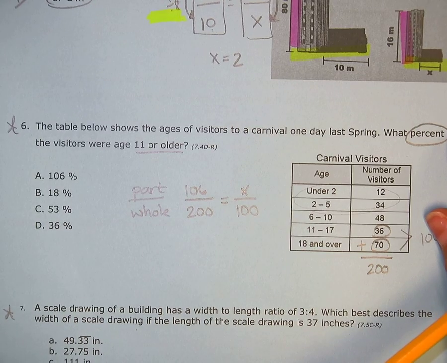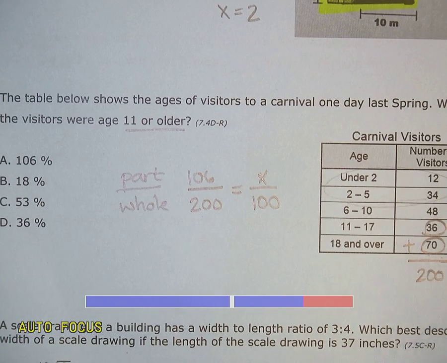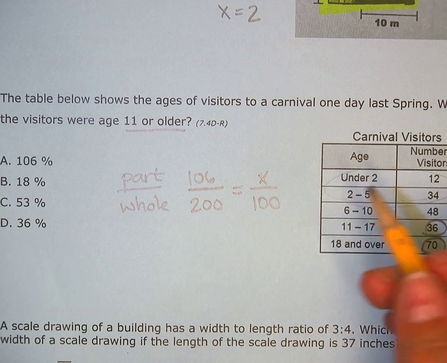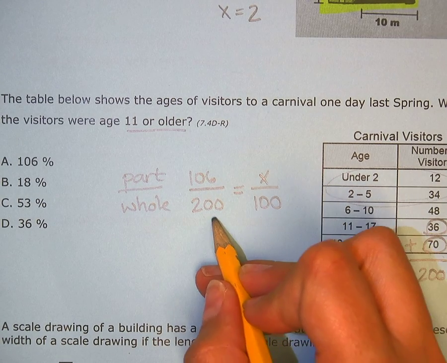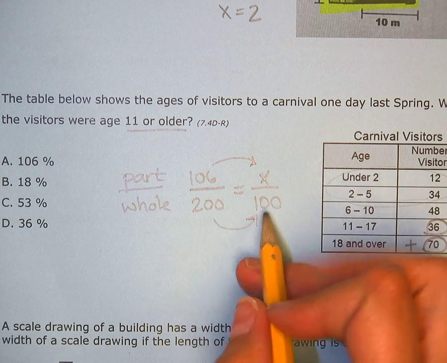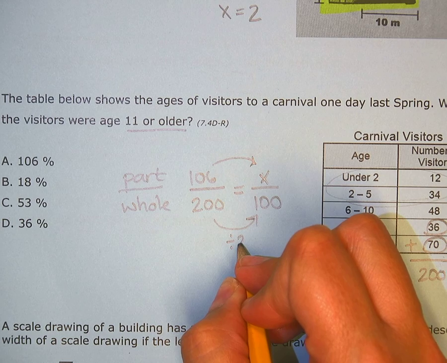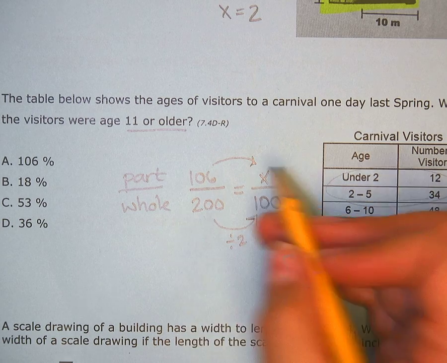Let's see if this is too bright. Okay, now, always look for shortcuts, but here we go. This is easy because 200 to 100 is dividing by 2.